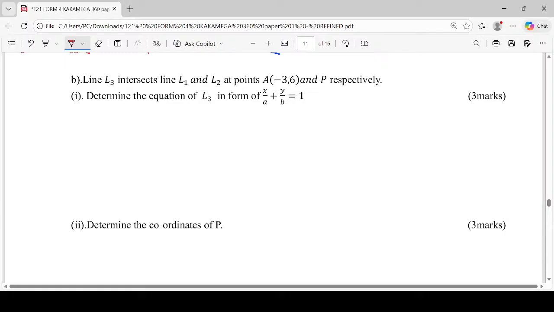Roman 1, determine the equation of L3 in the form x over a plus y over b is equal to 1. That form is what is normally called the double intercept form. So the secret here is, one, we need to get the gradient of L3.